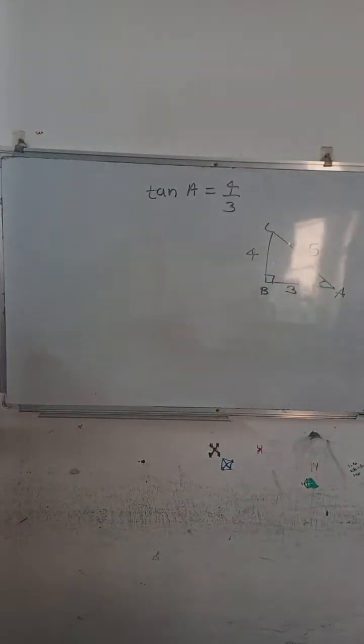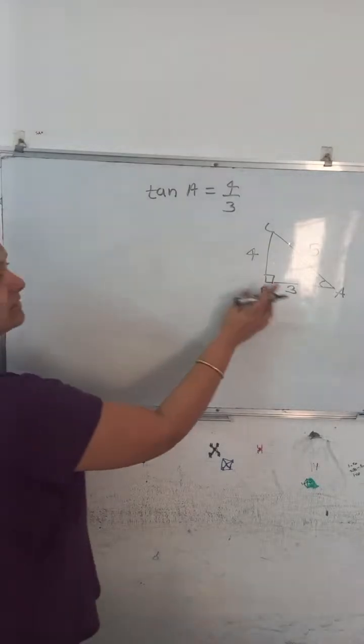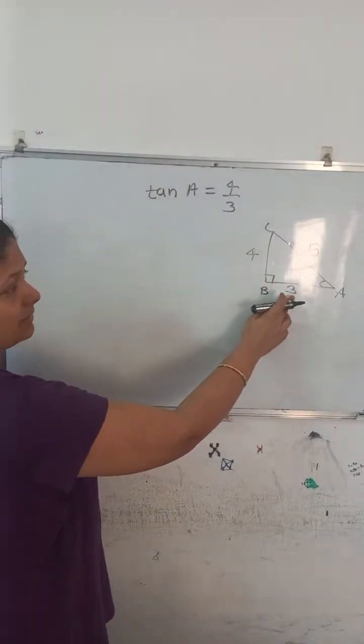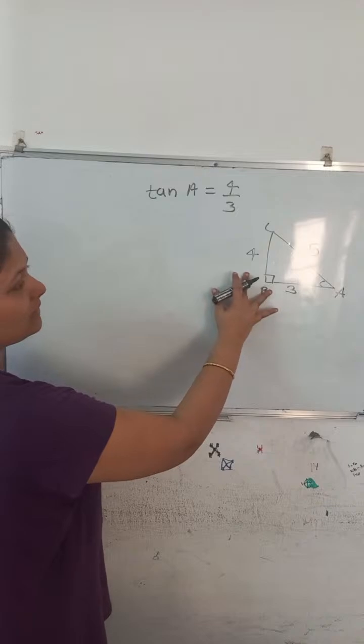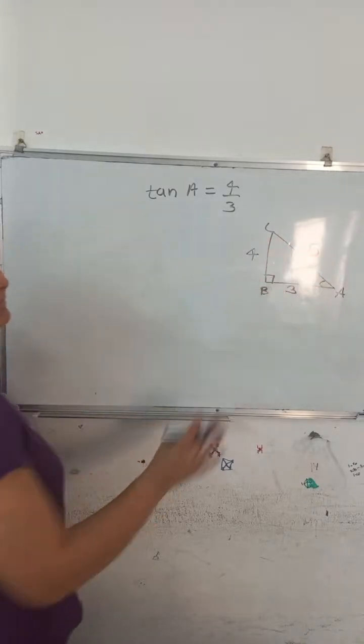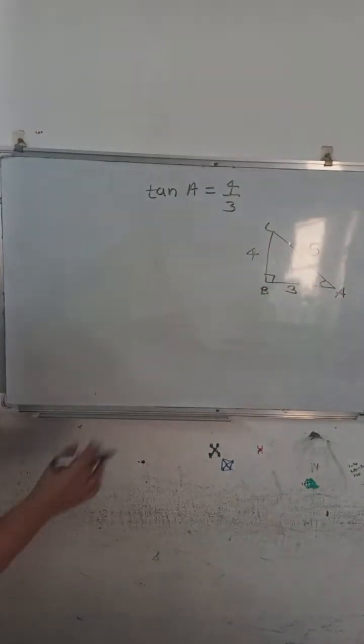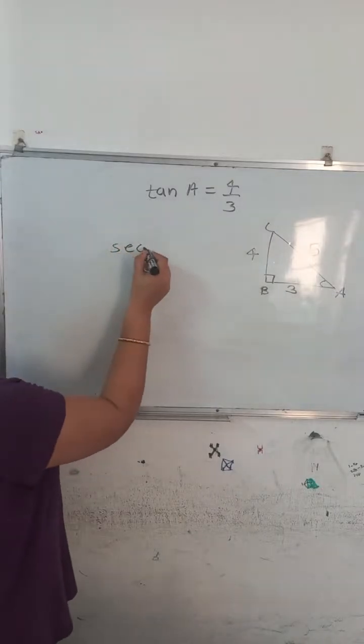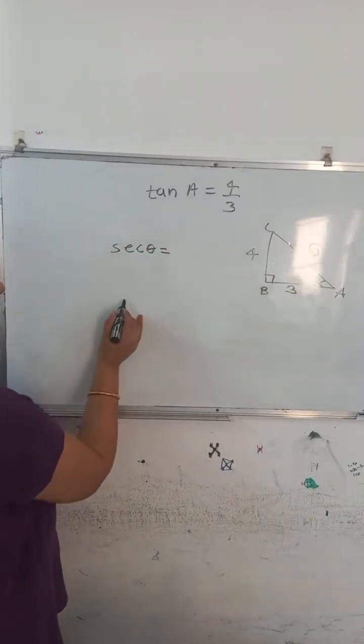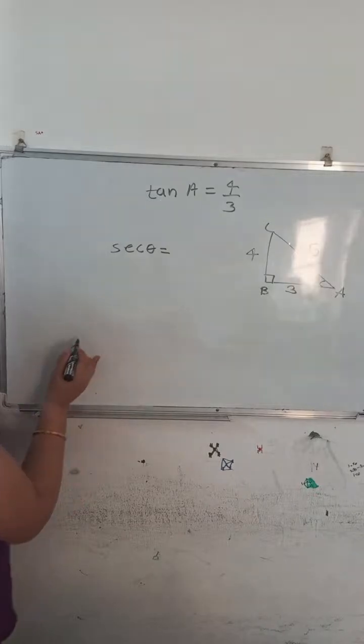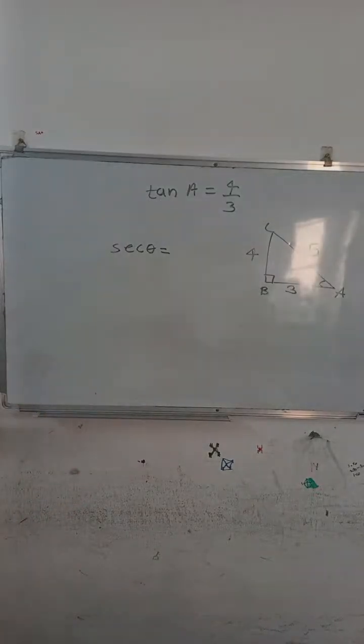AC is nothing but 5, no? Pythagorean triplet. According to this we are getting 5 because 4 square is 16, 16 plus 9, because 3 square is 9, that is 25, and square root of 25 is 5. Once you get this, they are asking sec theta. What is the formula for sec theta?